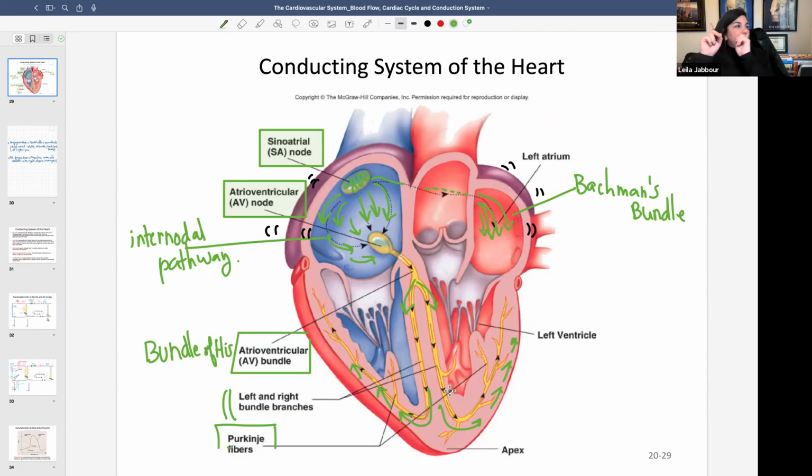There were a couple of anatomy diagrams in the textbook showing you that the muscle cells, the myocytes or cardiac cells, are actually laying in different directions in a couple of different layers, and each layer is in a different direction.